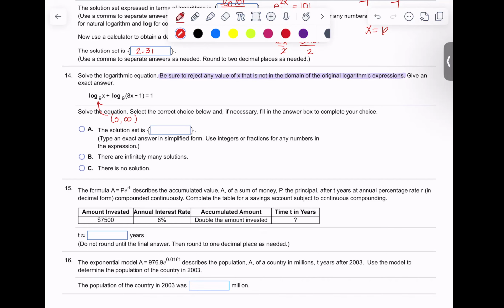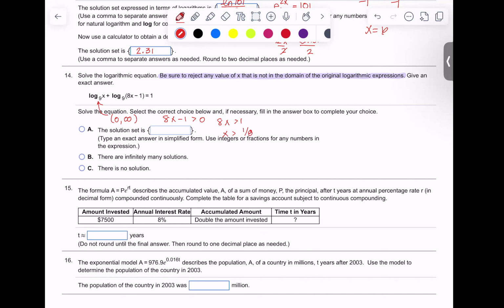Now the second one's a little trickier because I have to set 8x minus 1 greater than 0, which I can do. It's not that big of a deal. 8x minus 1 is greater than 0. Then I'd add 1 to both sides of the inequality and then divide by 8. So x has to be bigger than 1 over 8.